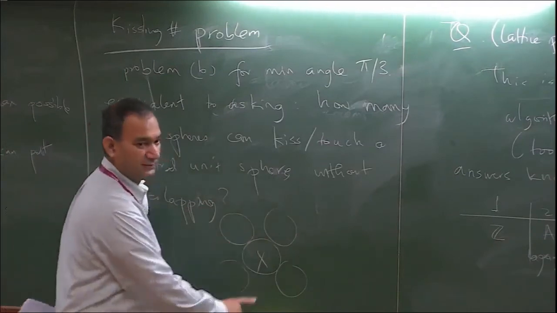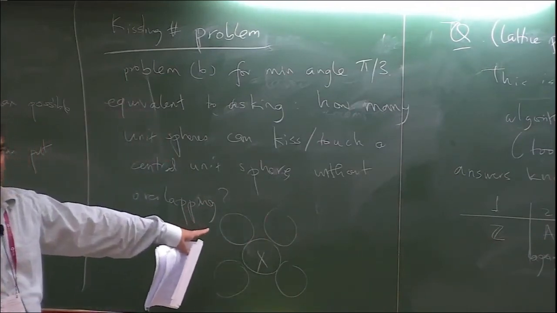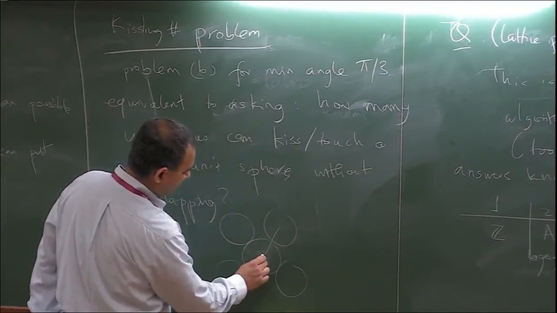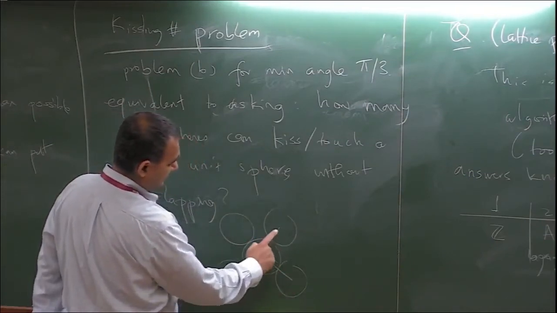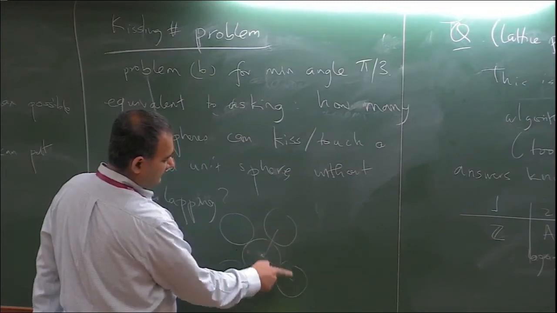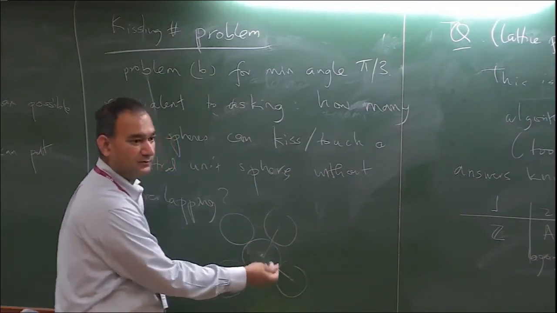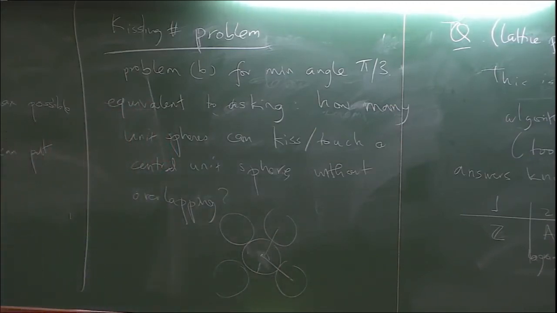Why is this equivalent to the spherical code problem for pi over 3, 60 degrees? If you look at the centers of the spheres, the condition for non-overlapping is exactly that the angle is at least pi over 3, which is 60 degrees.